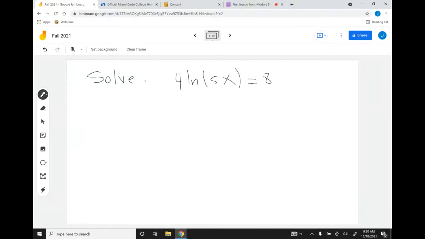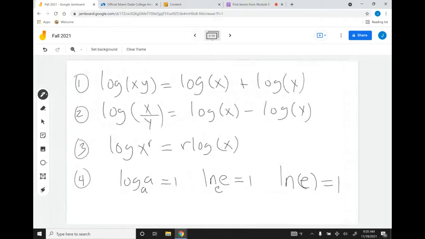Now, one thing that I should have done on the previous one is also to remind everyone that log base a of x equals y is the same thing as writing a to the y equals x, okay? This is the exponential form, and this is the logarithmic form. They're exactly the same, it's just different forms, okay?